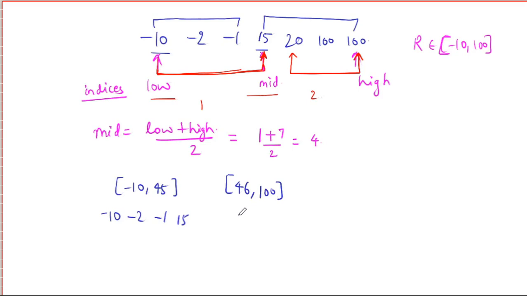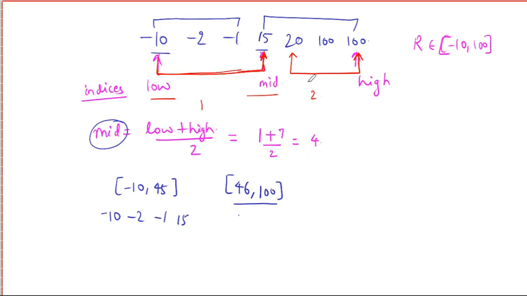And this half will contain, since the range is 46 to 100, one has to put 20 here in this range. So that is the challenging part in figuring out the indices properly. That has to be taken care of.